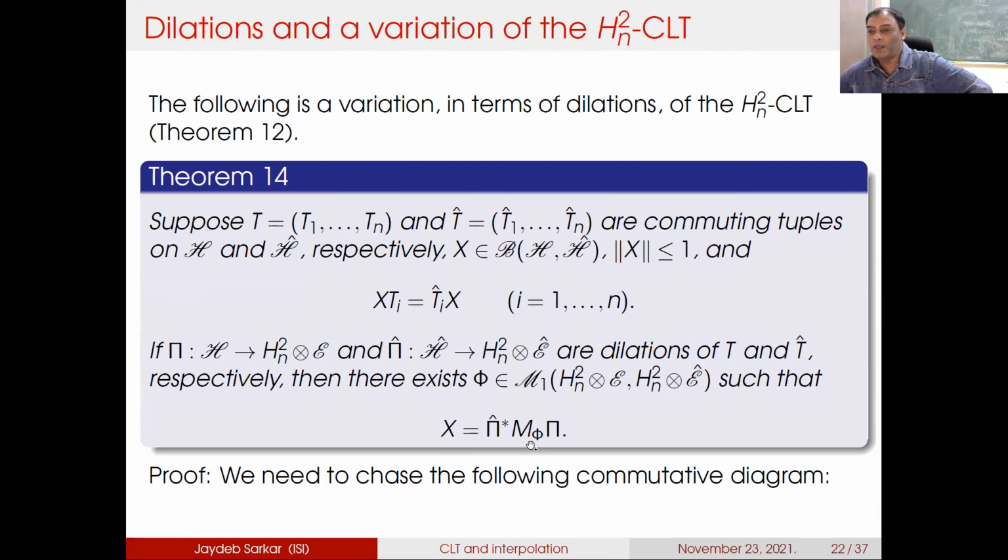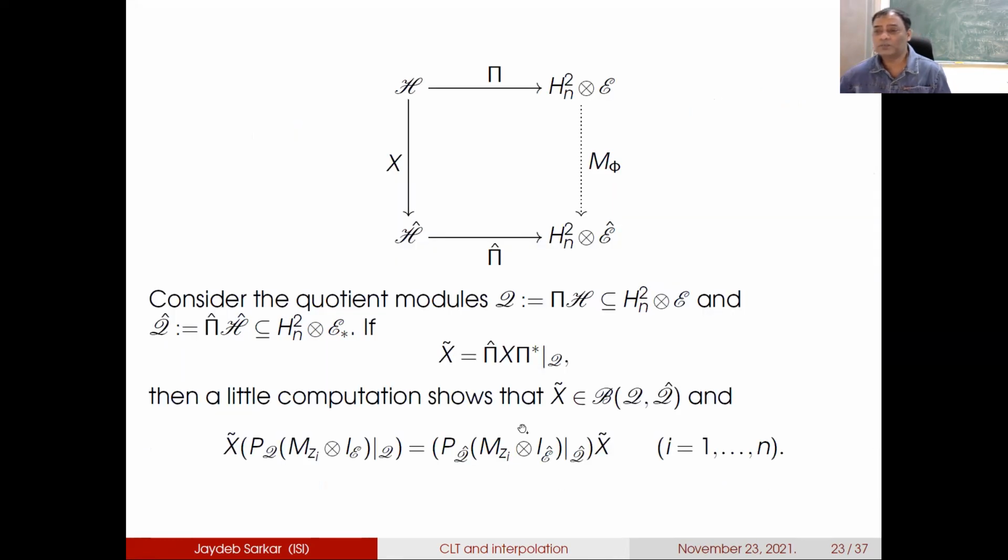Now this looks a little technical, but once I show you the diagram from the module point of view, it's very easy. So for the proof, we need the following commutative diagram. Look, your X is given from H to H hat, and pi hat is a dilation of H hat.